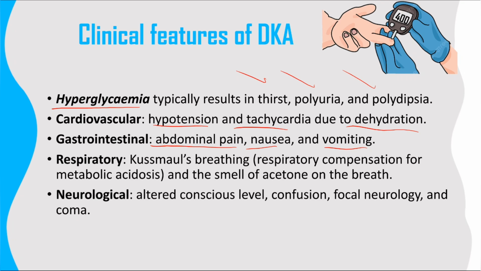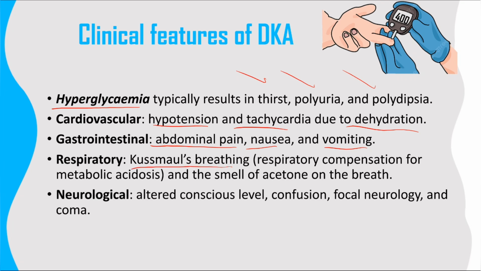Respiratory: because of increase in the acid, the body wants to wash out this acid by increasing CO2 excretion. So there will be increase in the respiratory rate, and there will be some metabolic acidosis. So there will be Kussmaul breathing.